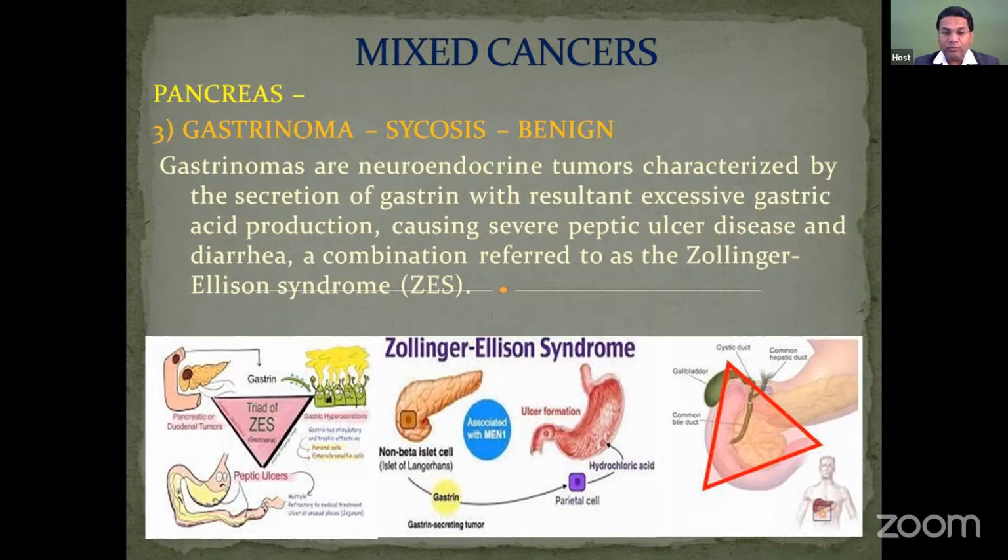So see the growth, non-beta islet cells are involved in gastrinoma. Yes. So stomach and gastric hypersecretions. Yes. This is the triad of the syndrome. So अल्सर फॉर्मेशन भी होता है इसमें स्टमक में because of hydrochloric acid excess secretion.